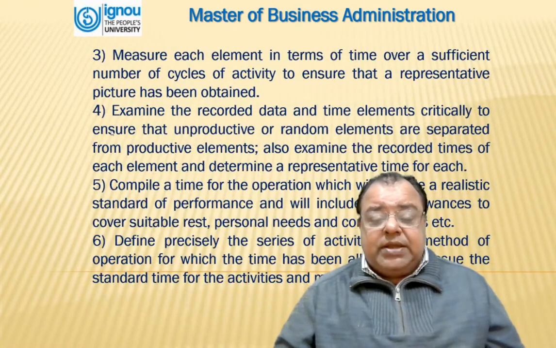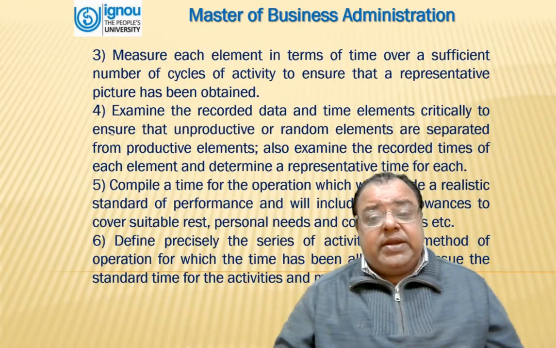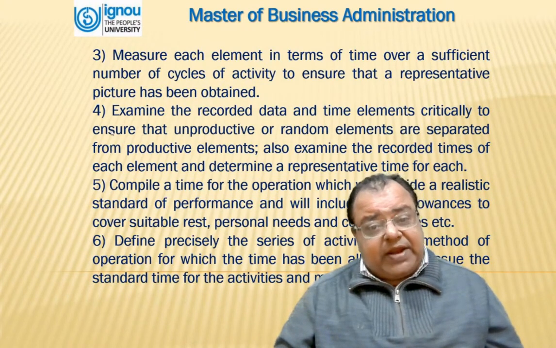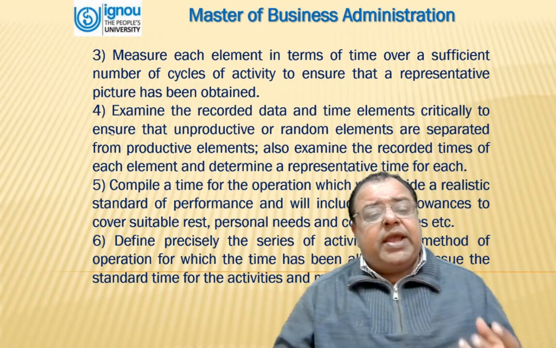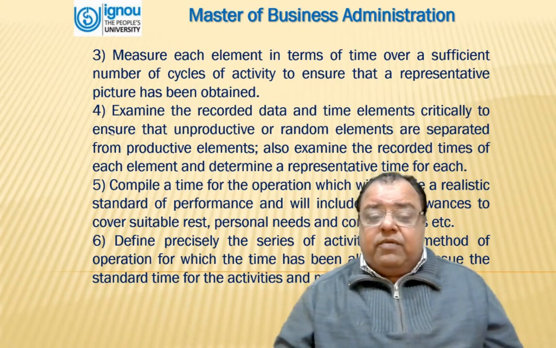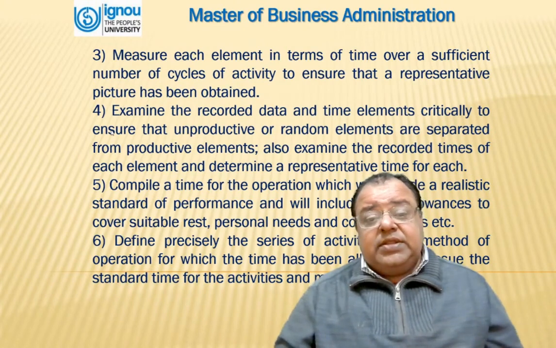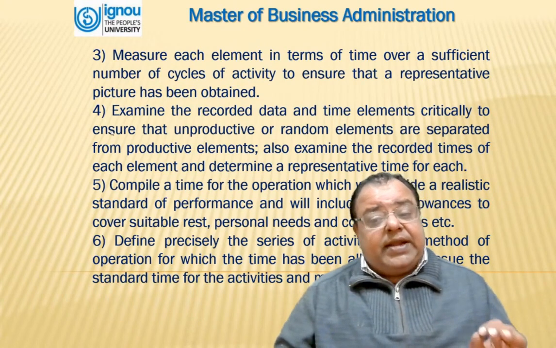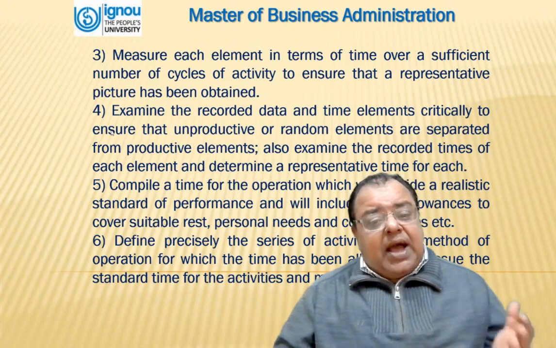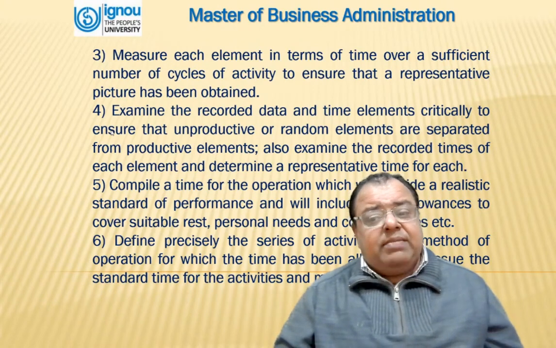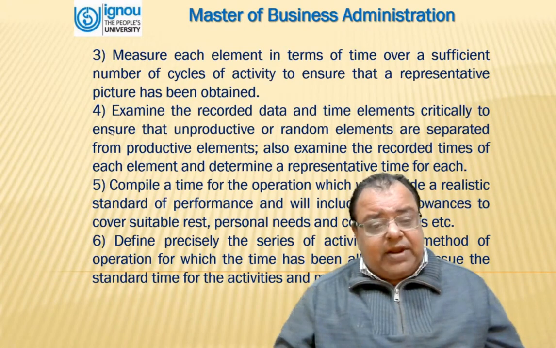Third, measure each element in terms of time over a sufficient number of cycles of activity to ensure that a representative picture can be obtained. Fourth, examine the recorded data and time elements critically to ensure that unproductive or random elements are separated from productive elements.